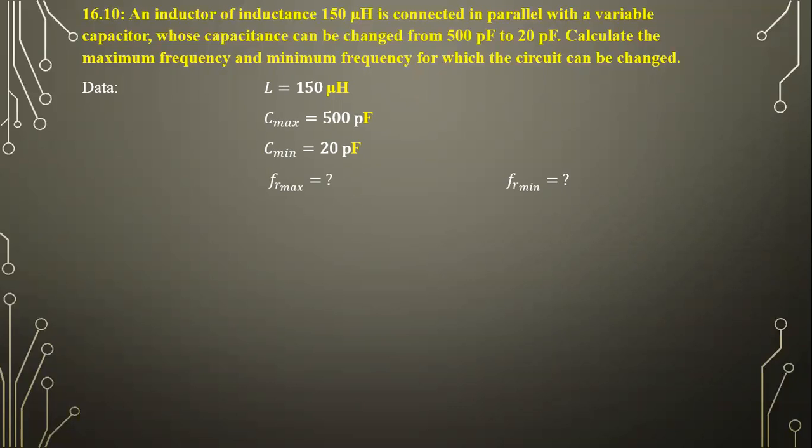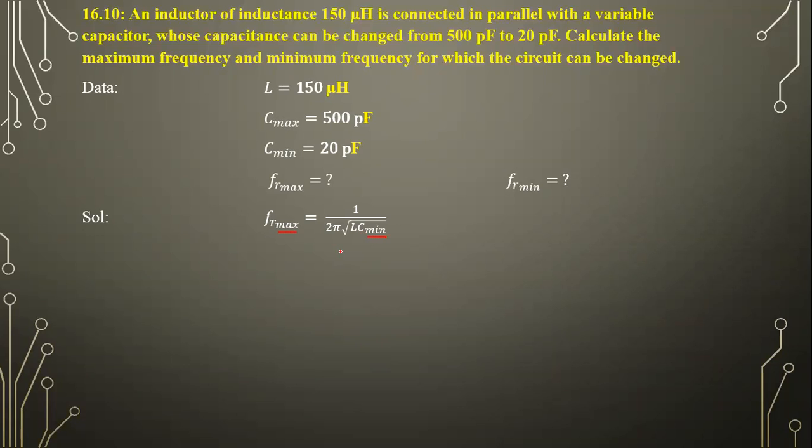We know that resonant frequency is equal to 1 over 2 pi square root of LC. Resonant frequency and capacitance are inversely proportional to each other. So for maximum resonant frequency, there should be minimum capacitance.